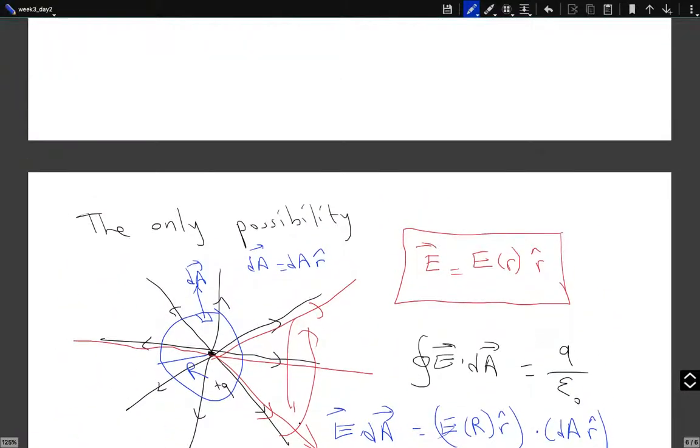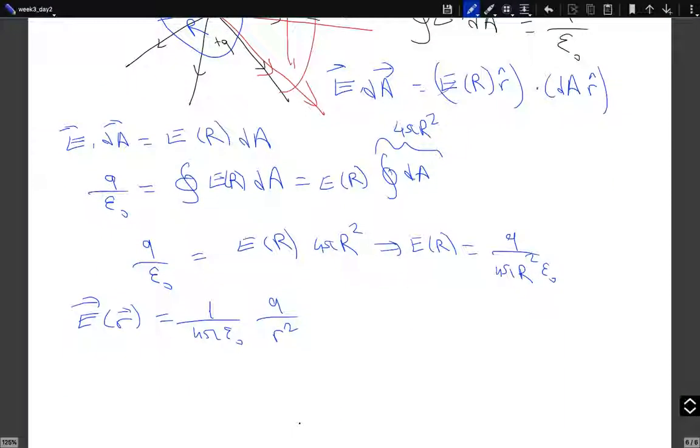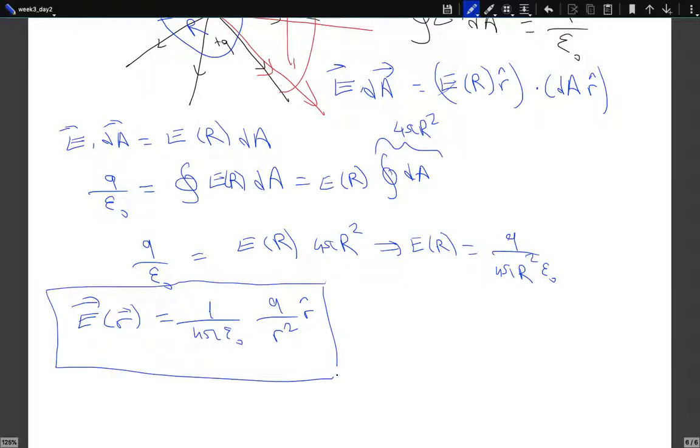And the electric field, we started by showing that it's in the radial direction. So basically, starting from Gauss's law, we could derive the Coulomb law for point charges.